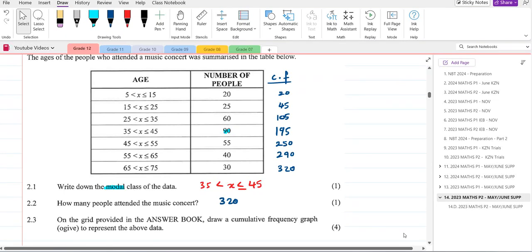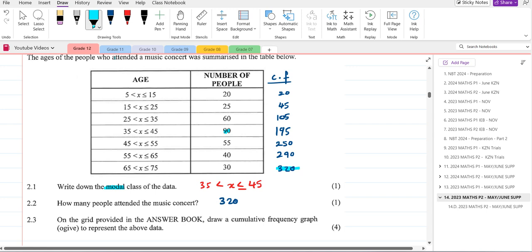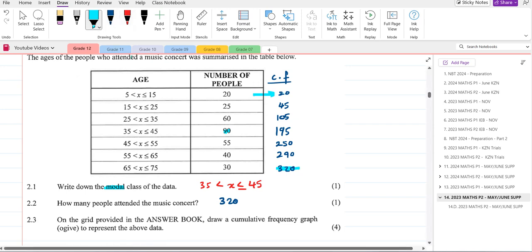Now, next question, 2.3. On the grid provided in the answer book, draw a cumulative frequency graph to represent the above data. That's the reason why I put the cumulative frequency here. Instead of totaling all this up, I just totaled the cumulative frequency, where I took 20, transferred the 20 there, then added up. Now to draw the cumulative frequency graph, we need all the cumulative frequency values, so it's upper class boundaries and cumulative frequency.